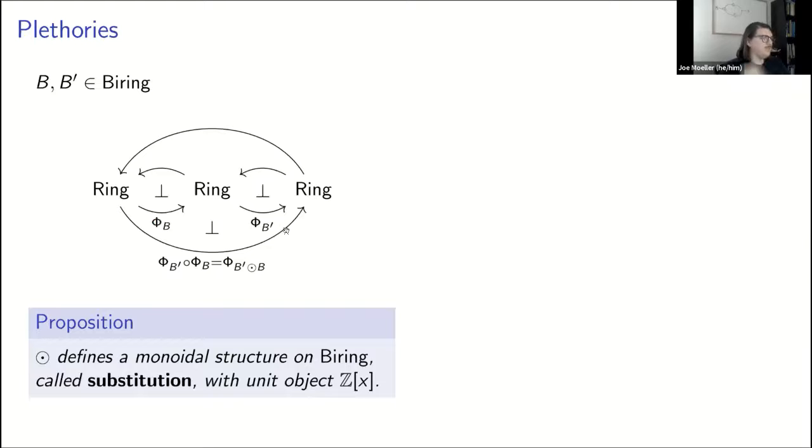And I told you that birings and right adjoint endofunctors are equivalent, with an op. So that means that because this is a right adjoint, it must also be a lift of a representable. So there's some other biring, which I'm calling B prime O dot B, that this is a lift of its representable.